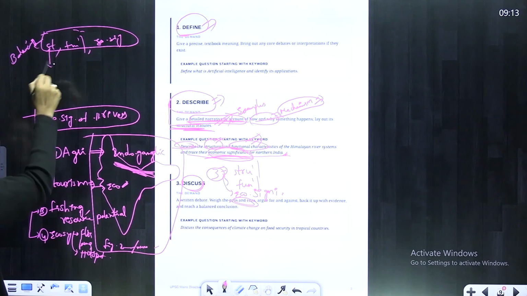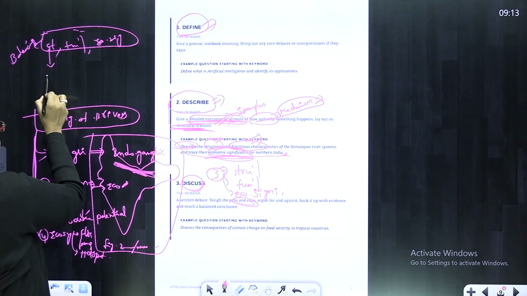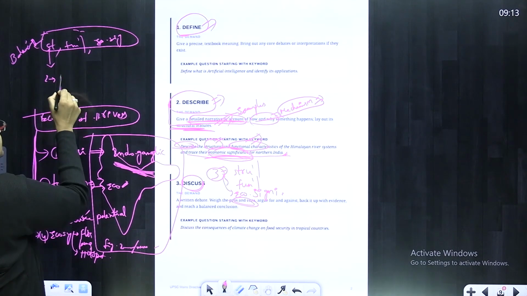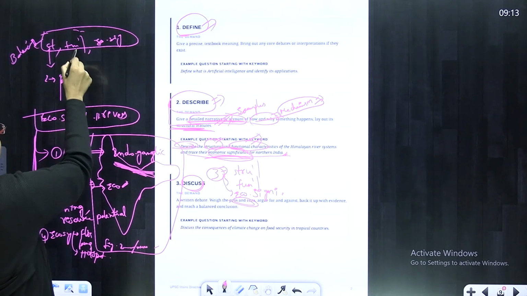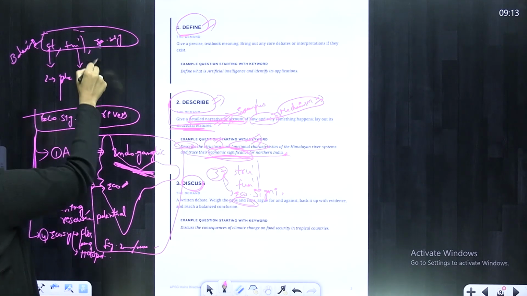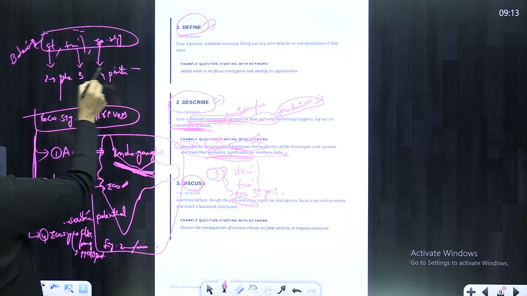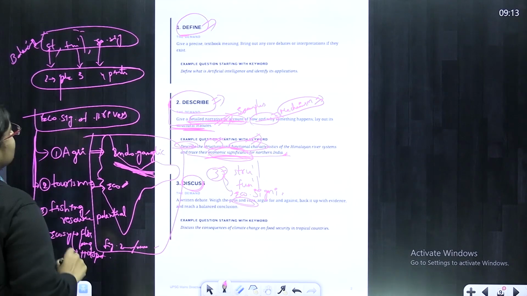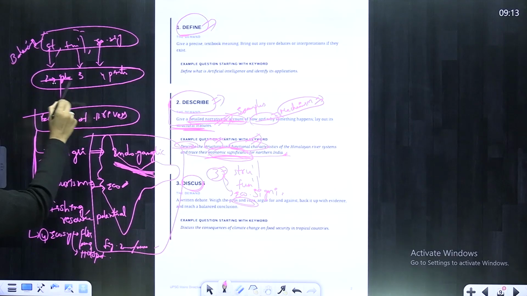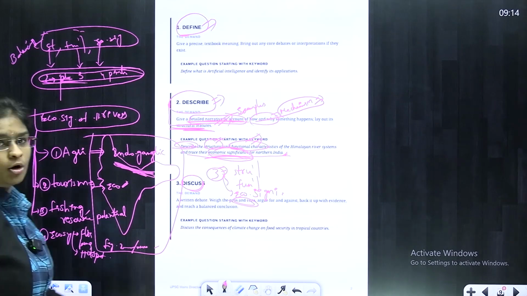Let's say here I have mentioned 2 points, and in the second I have done a cyclic format. In functional I have mentioned 3 points, and here I have mentioned 4 points. So at least try to balance this. If we have mentioned some points, the number of points must be almost the same.